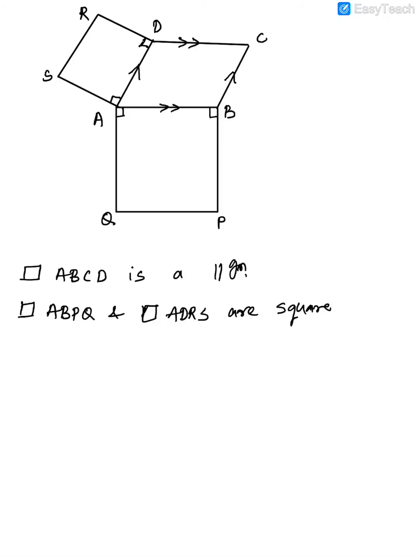Now we have to prove that angle SAQ is equal to angle ABC. Prove angle SAQ is equal to angle ABC. So we'll have to draw the dotted line here for SAQ. So we have to prove this SAQ is equal to ABC out here.